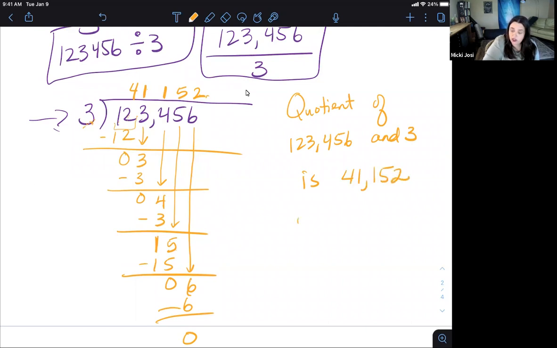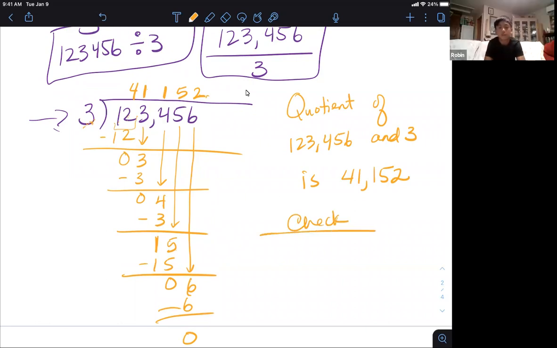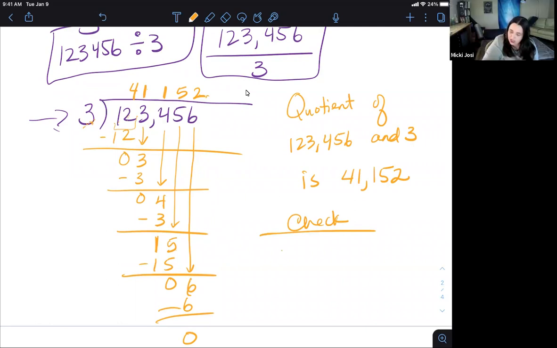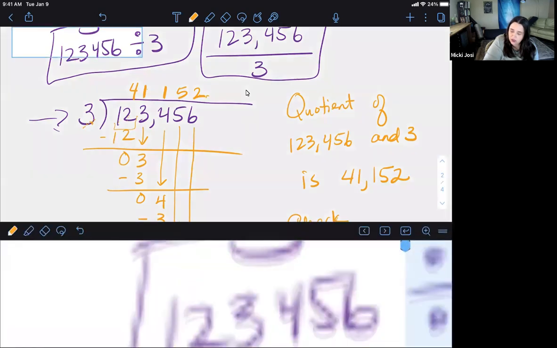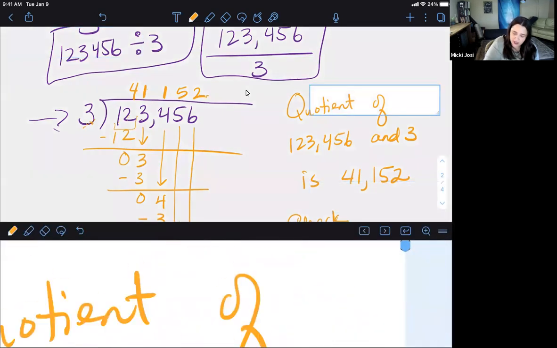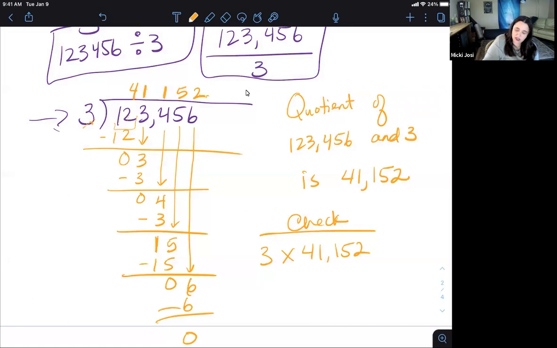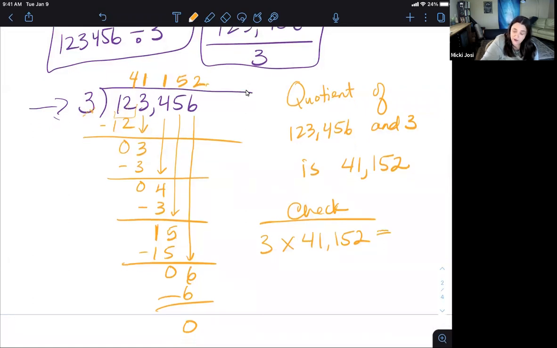If you wanted to check that, you multiply 3 times 41,152. If you do that multiplication, you should get 123,456.